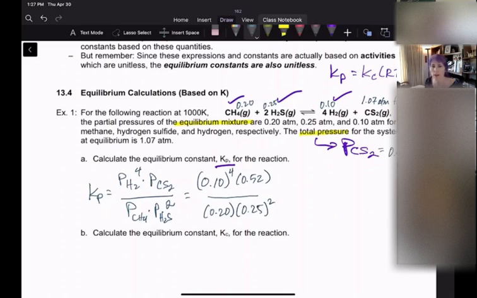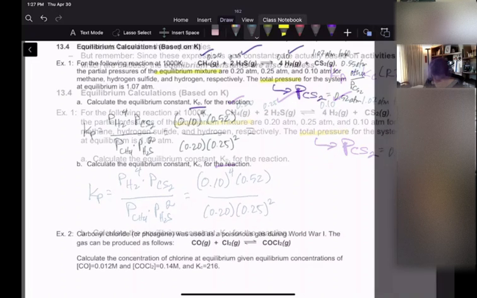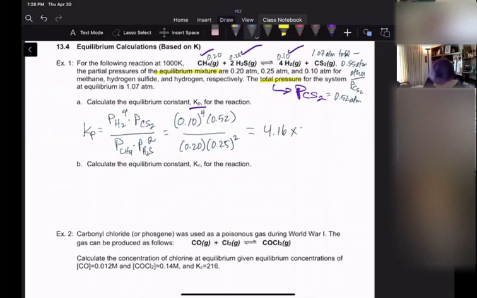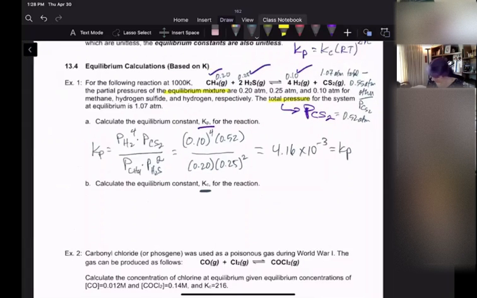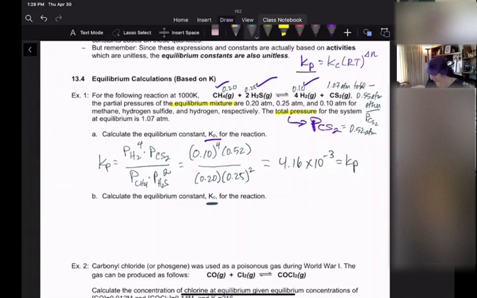Did you get that same value for the CS2? Yes. The 0.52 atmospheres? Yeah. 4.16 to the minus 3. Yep. That is our Kp. So when we calculate Kc, I'm going to rearrange this equation up here.